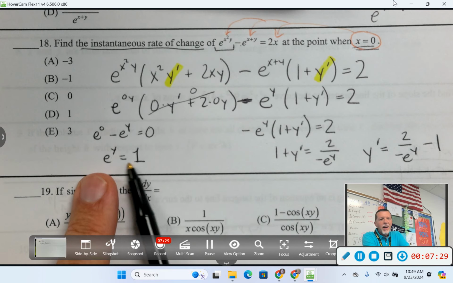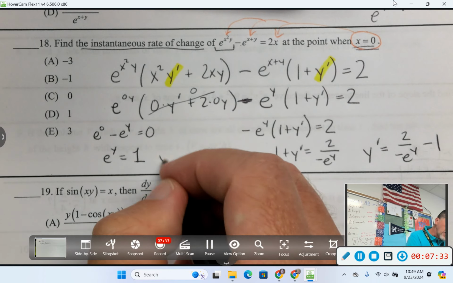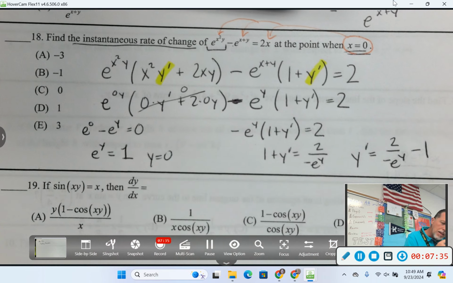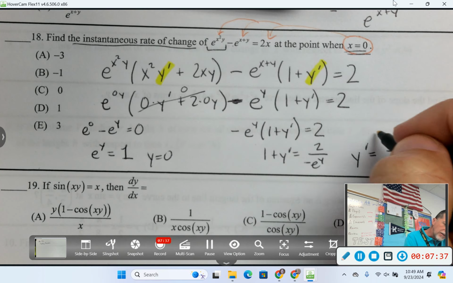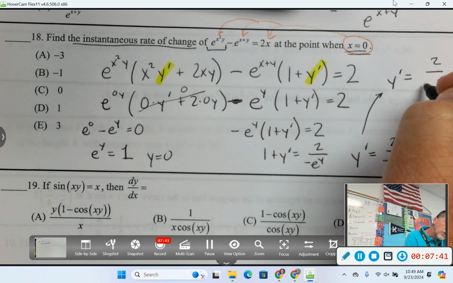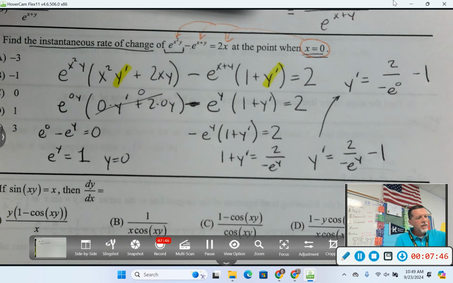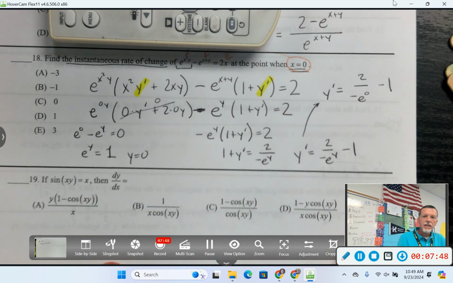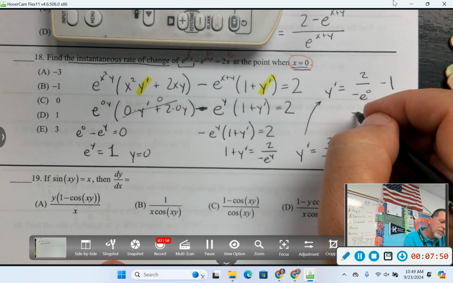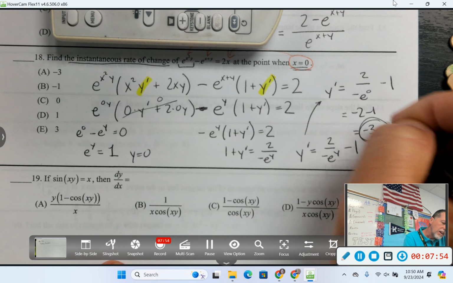Y is 0. I was going to stop there and just use e to the y equals 1, but you're right. The only way for that to work is y equals 0. So now we're getting there. Y prime equals 2 over negative e to the 0, minus 1. E to the 0 is still 1, so negative 2 minus 1 is negative 3.